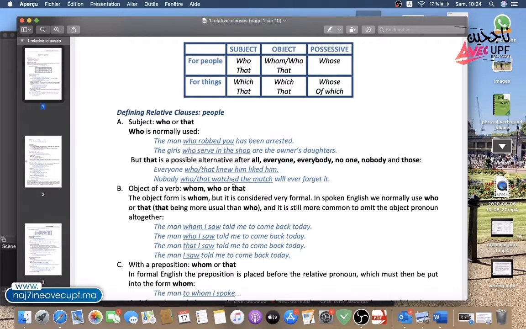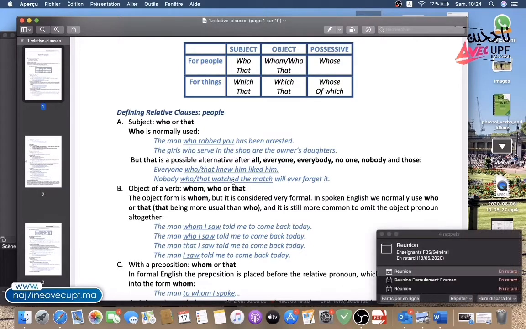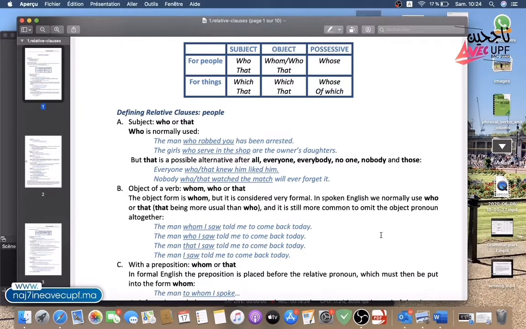But that is a possible alternative after all, everyone, everybody, nobody, no and those. For example, everyone who knew him liked him. Nobody who watched the match will ever forget it. Nobody that watched. Here we can use who or that.